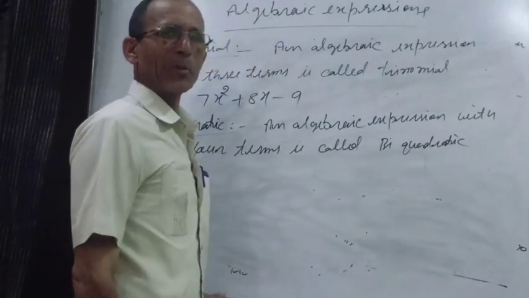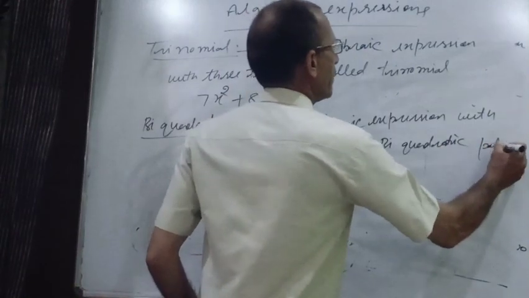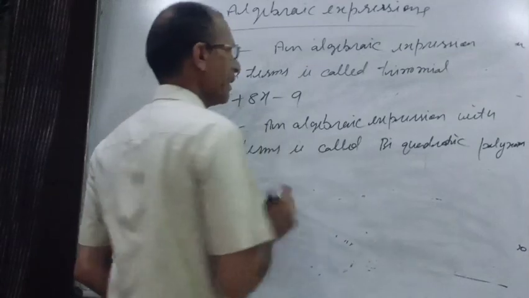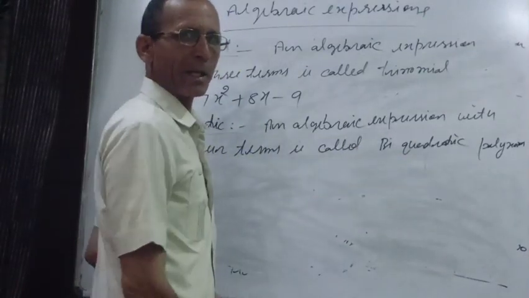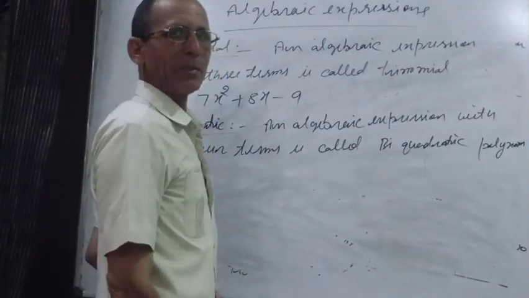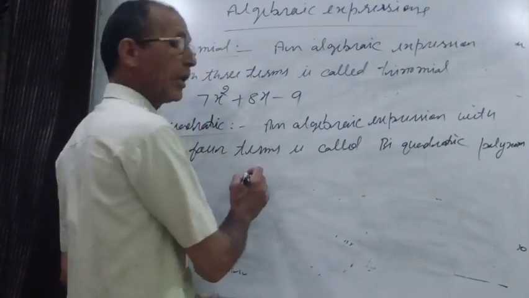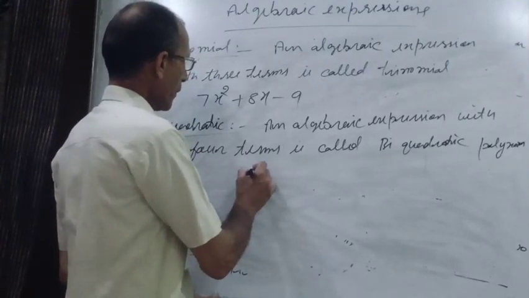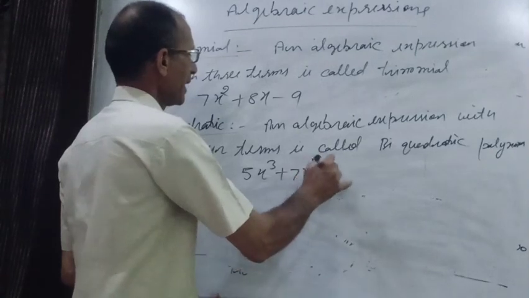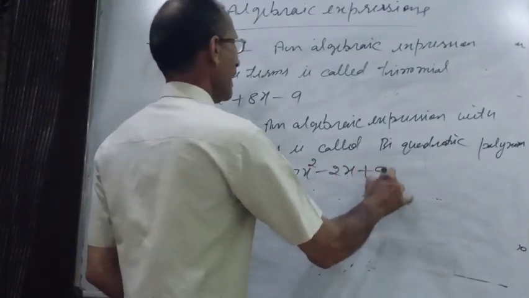You can say polynomial also, biquadratic polynomial, because this is also a polynomial. Monomial is also a polynomial, trinomial is also a polynomial. So with 4 terms, for example 5x cubed plus 7x square minus 2x plus 9.